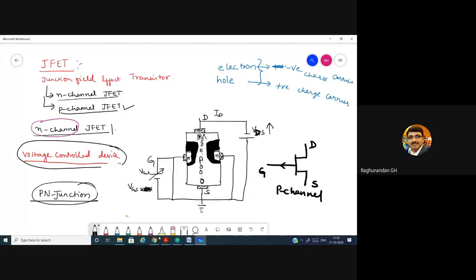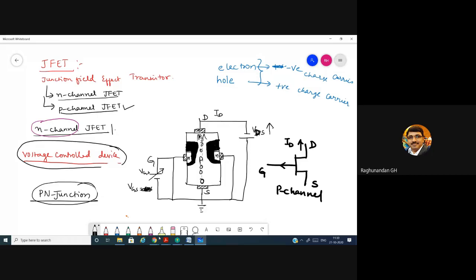Between drain and source we have VDS, between gate and source we have VGS, and the current will be ID. This is the symbol we are having. So they can ask you the construction and working of JFET, N channel or P channel, or MOSFET.